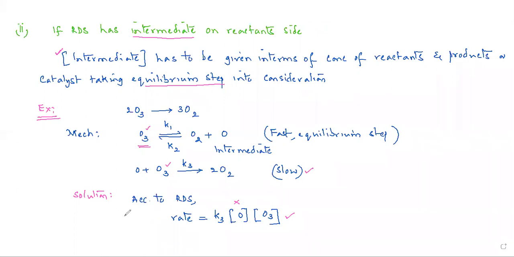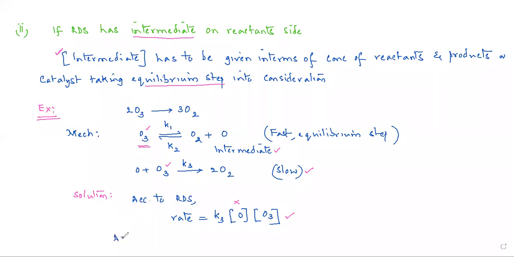Now, in this case, in order to get the concentration of the intermediate, yes, the intermediate here is oxygen, right? For that, you need to go to the fast equilibrium step.